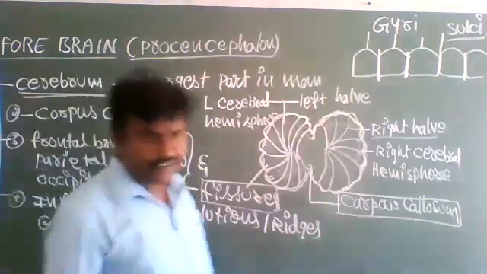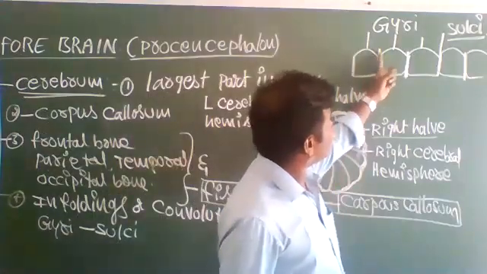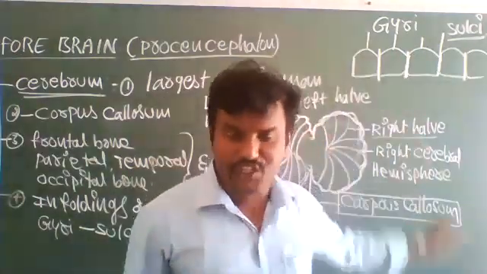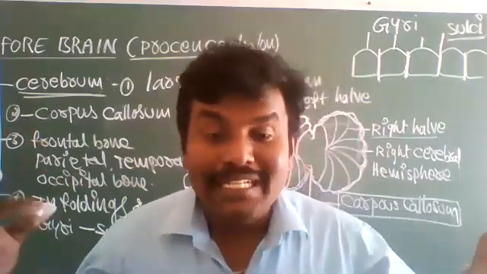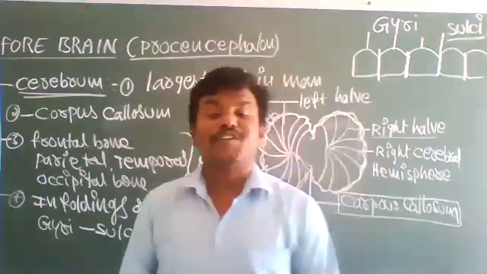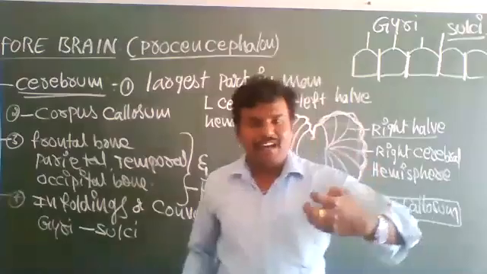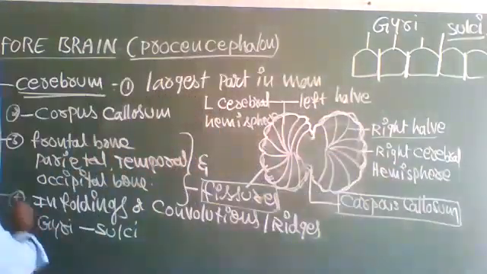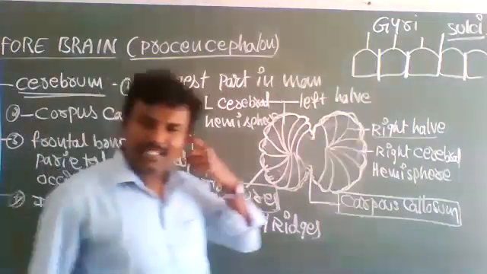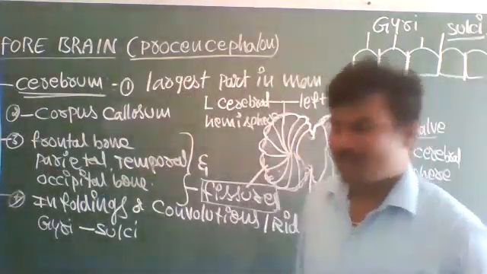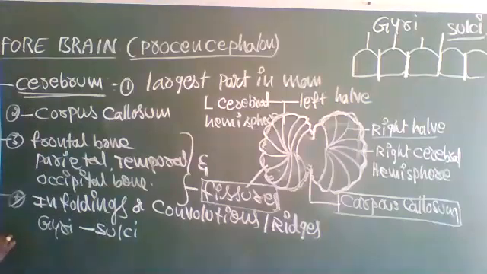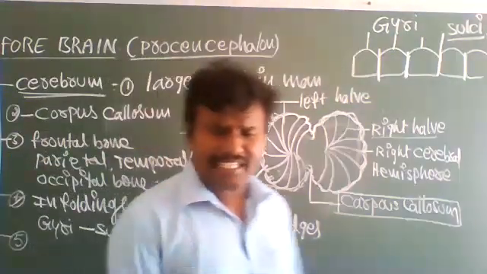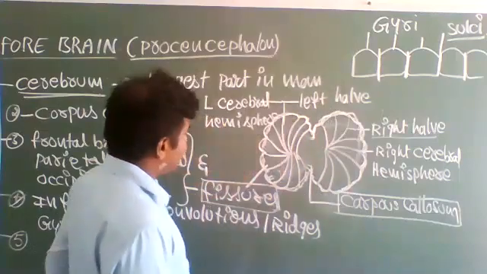So the advantage of numerous convolutions is that a large number of neurons are accommodated spaciously. That is the fourth one. Next one.